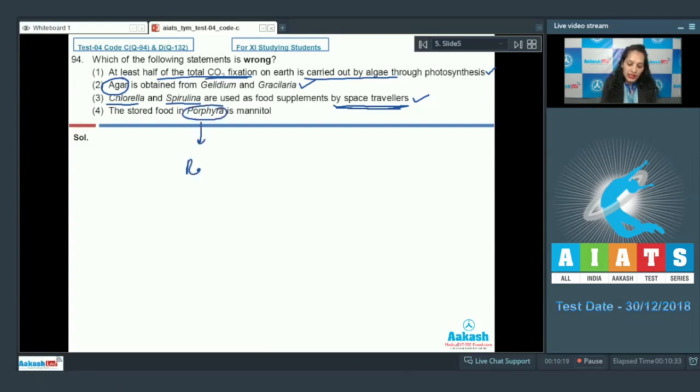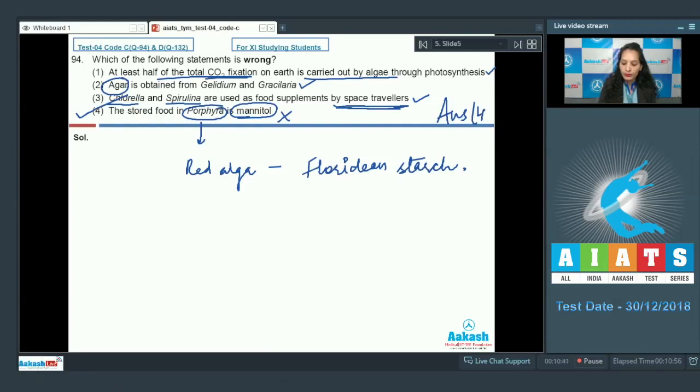Porphyra is a red alga. And in red algae, the stored food is not mannitol, it is Floridean starch. So this statement is incorrect. So the correct option for the given question is option number 4. Let's move on to the next question.